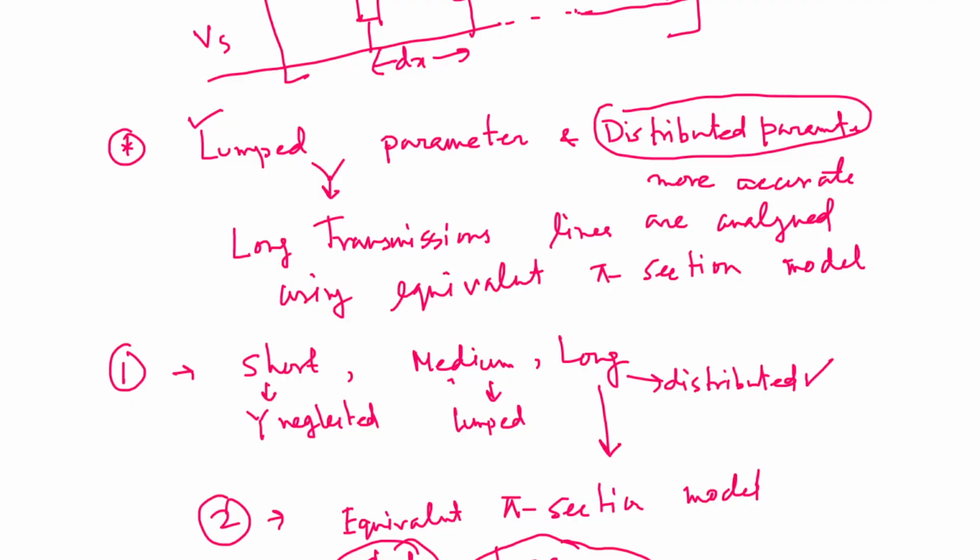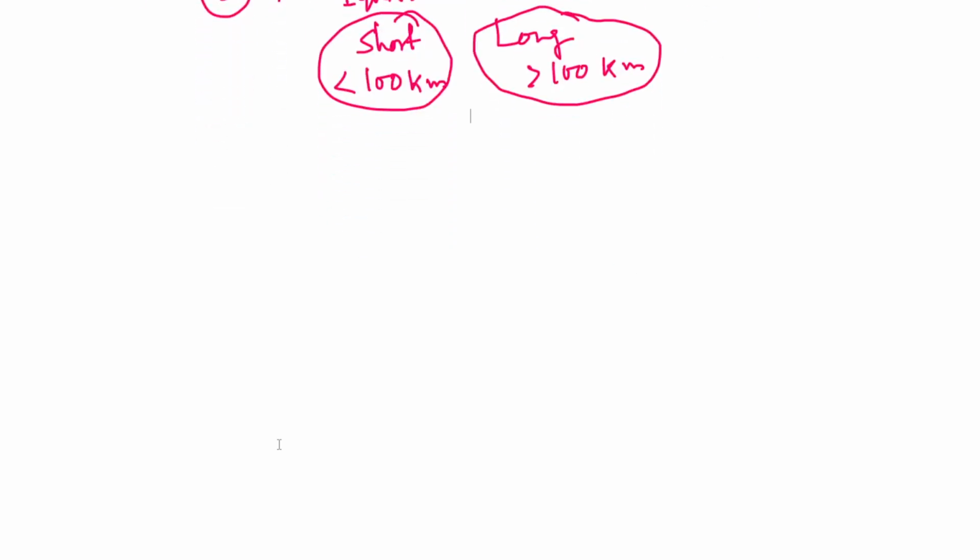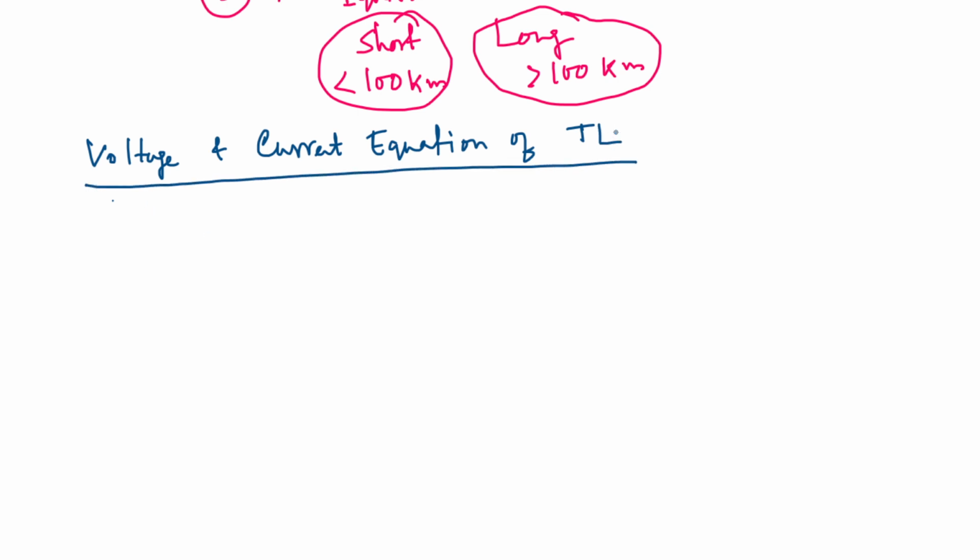With this, now let us come to the voltage and current equations of a transmission line. How are the voltage and current equations related?